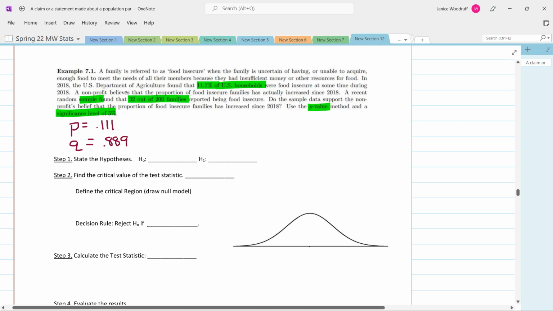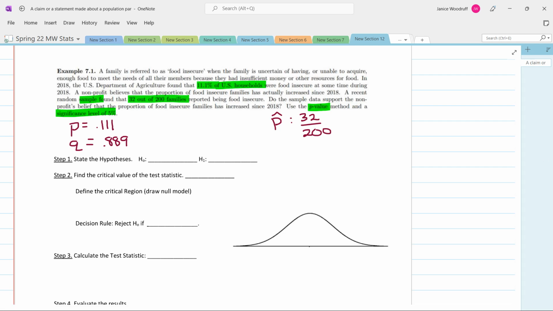Okay, so we have our p and our q, and then in the sample, we just have the 32 out of 200 families being food insecure. It doesn't give you a standard deviation or anything, so that should clue you in that this is proportion. This means that that is p hat. So p hat, that's your sample proportion, is 32 out of 200, which is 0.16.